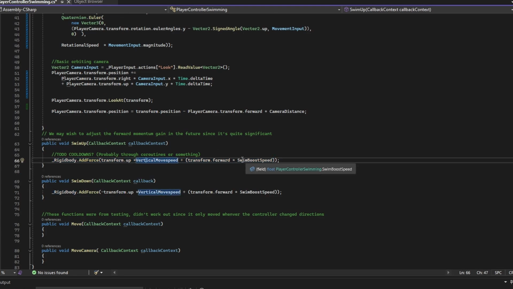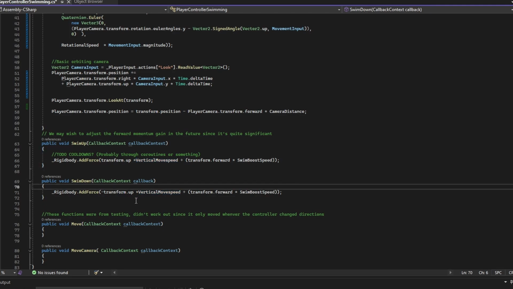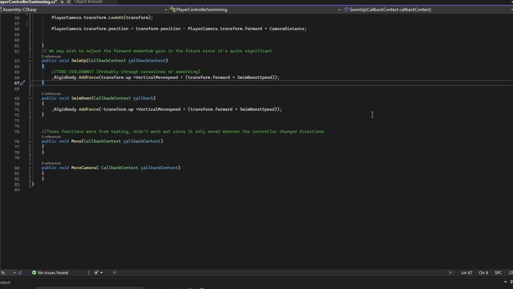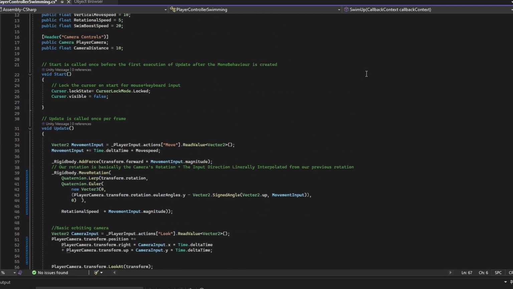Transform.up times vertical movement speed, basically what is going up times that speed. And then for swimming down, we just negate the transform.up times it, so then it goes down. And then transform.forward times swim boost speed is just literally forward momentum with the speed. It's very simple, very effective, and that's basically a rundown of this code.